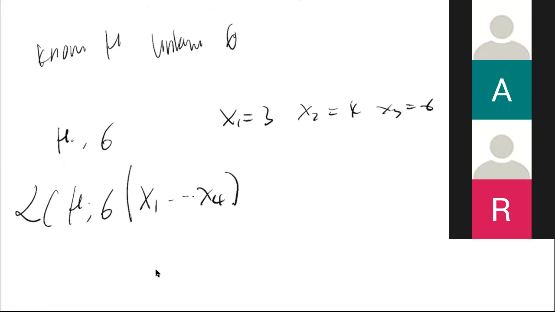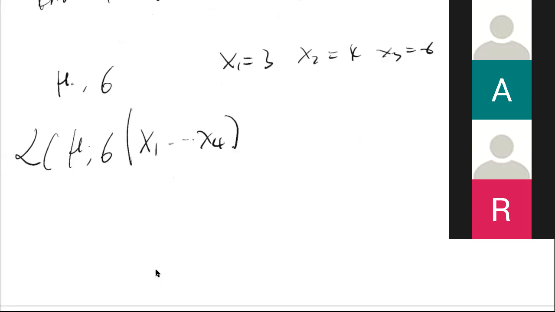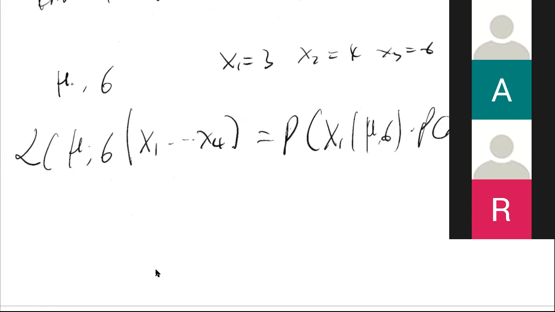And we know that this is the probability of x1 given mu, sigma times x2 given mu, sigma times x3 given mu, sigma times x4 given mu, sigma.